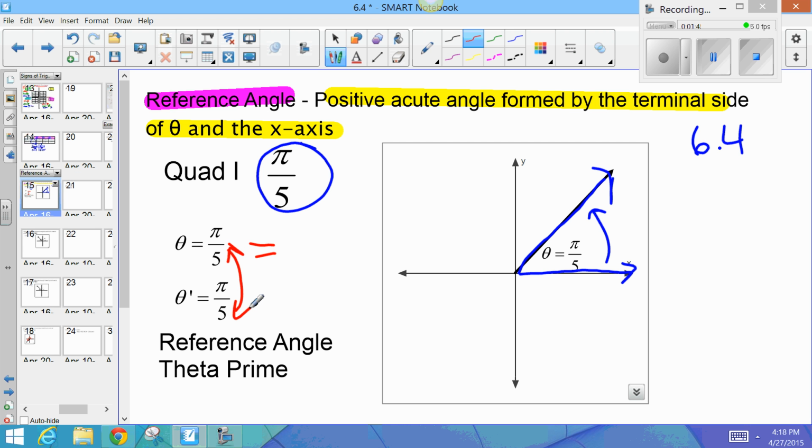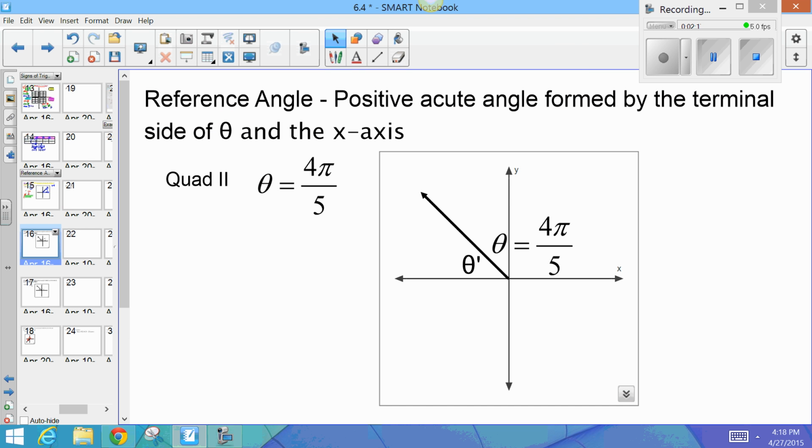This is not always the case. You're going to see some harder problems. But in this case, the reference angle, which, by the way, is notated by theta prime. The way that you write theta prime is by writing theta and an apostrophe, and the way that we say it is theta prime. So theta prime is the reference angle. That's it.